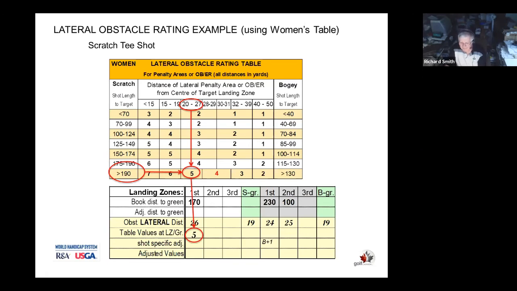So the table value at this landing zone is a 5, and that goes on the form down here. Approach shot is 170, and the lateral distance at the green is 19. So that will be a 5 at the green. That goes over there.